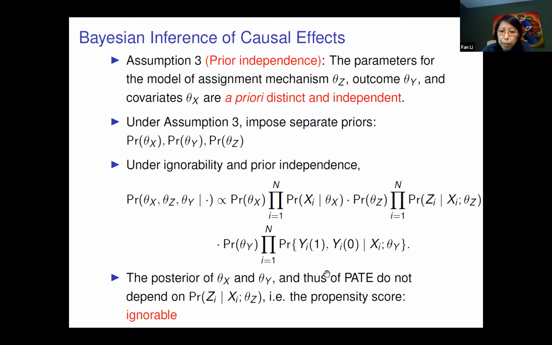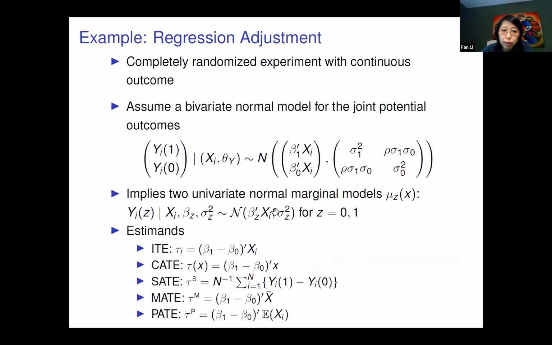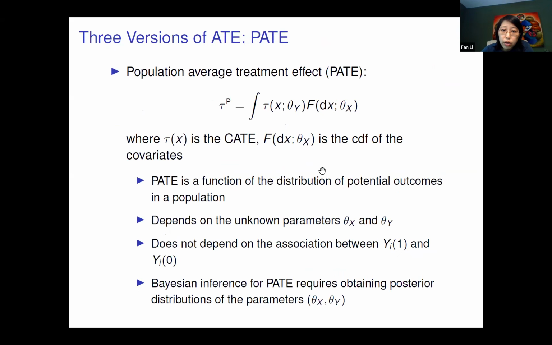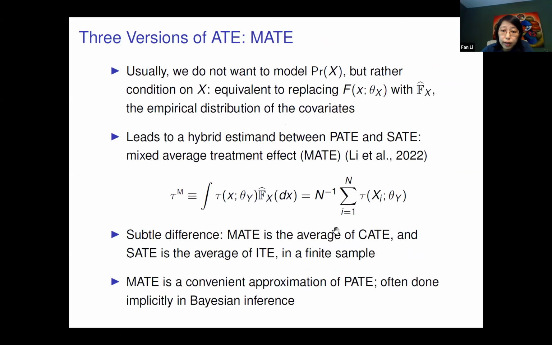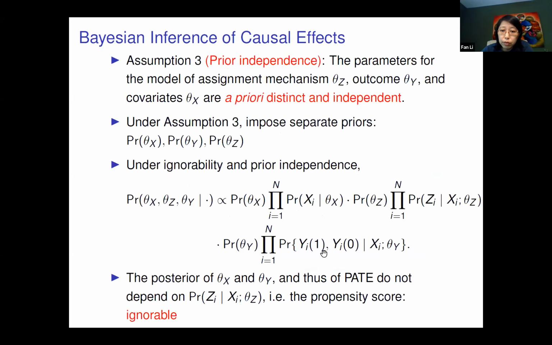Remember, earlier we talked about how PATE depends only on theta y and theta x, right? So the assignment mechanism actually doesn't contribute anything to PATE. Because of that, the propensity score, this whole thing, can drop out from the posterior distribution.